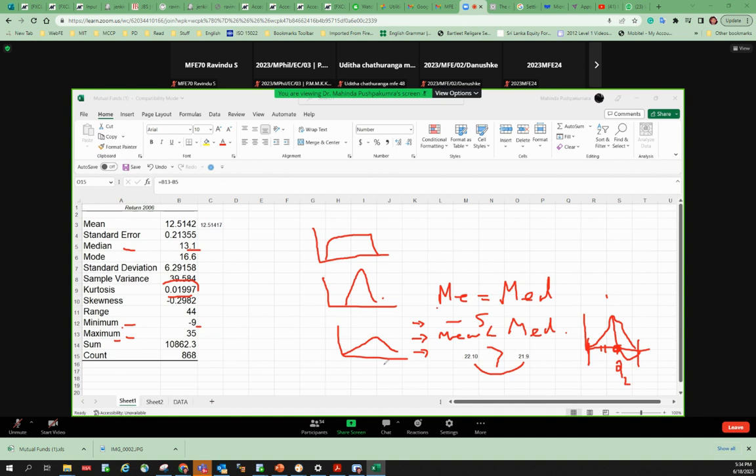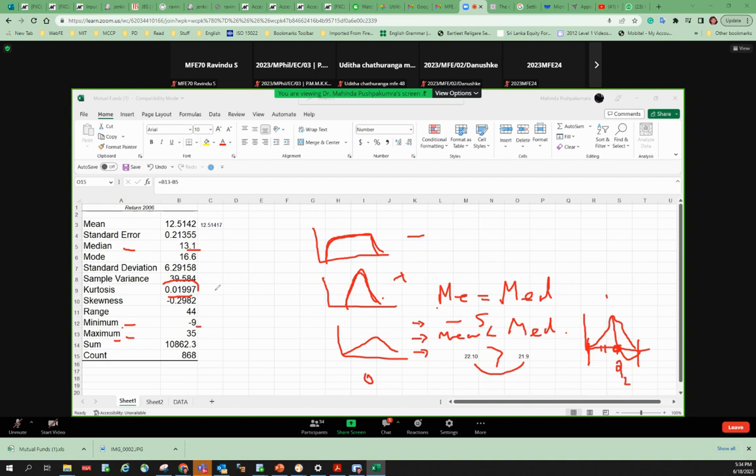If the distribution is normal, the kurtosis is 0. If the distribution is flat, then minus. If the distribution is plus value, then we can see peak distribution.